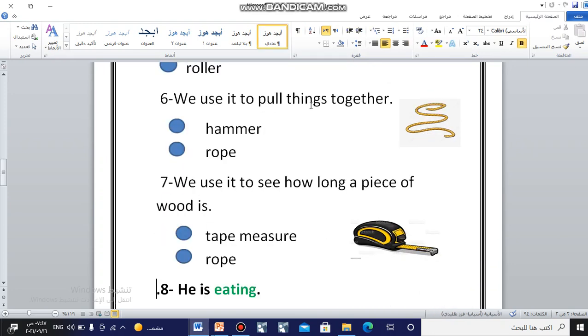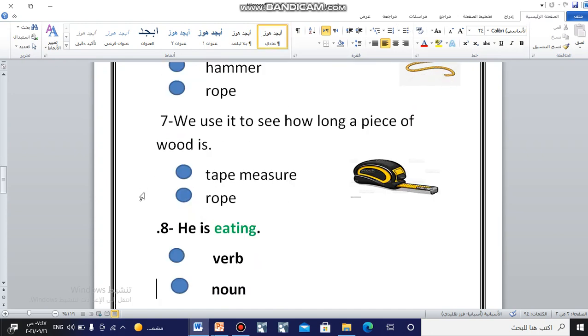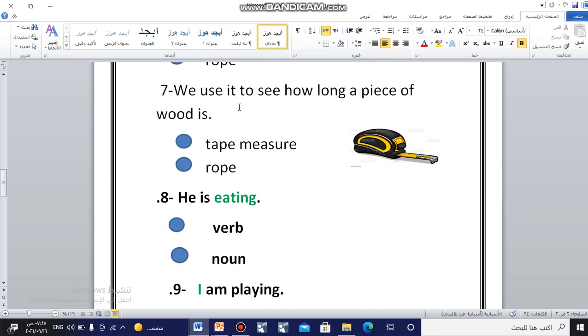We use it to pull things together. Yes, rope. Very good. Number 7. We use it to see how long a piece of wood is. Yes, we measure things by using it. Tape measure.